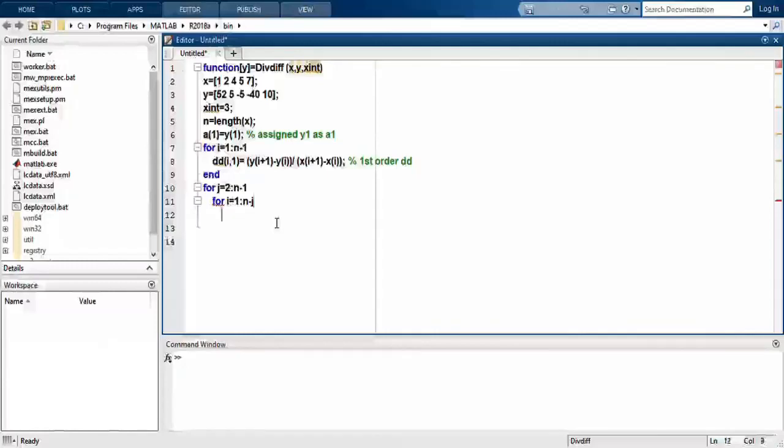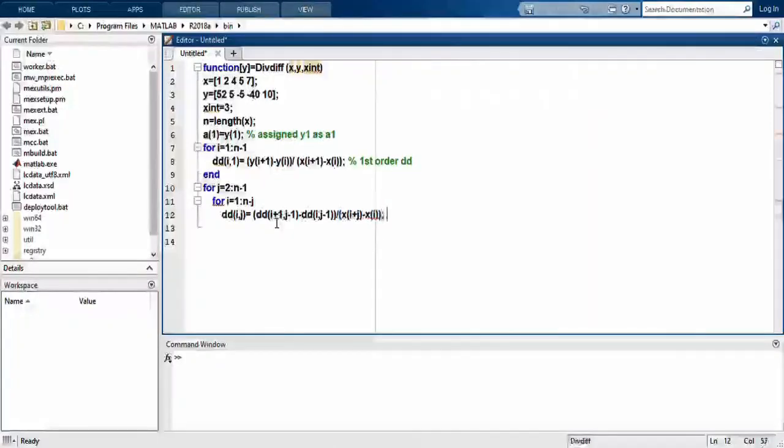Now higher order divided differences in general form will be dd of i comma j, where i means row and j means column, equal to dd of i plus 1 comma j minus 1, minus dd of i comma j minus 1, divided by x of i plus j minus x of i.